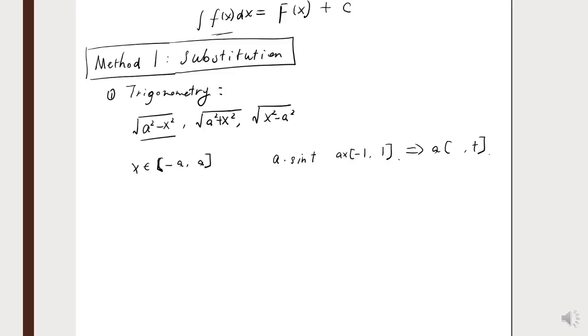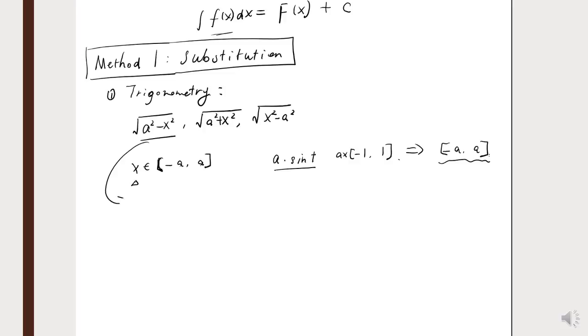I'm sorry, it should be minus a to a inclusive. So that is the philosophy used for the trigonometric substitution. We use this substituting function to substitute this variable x with the same range.